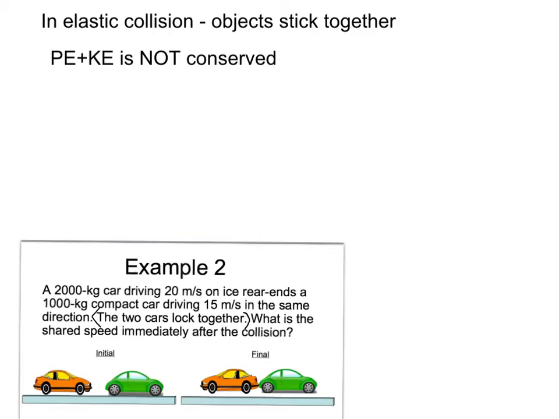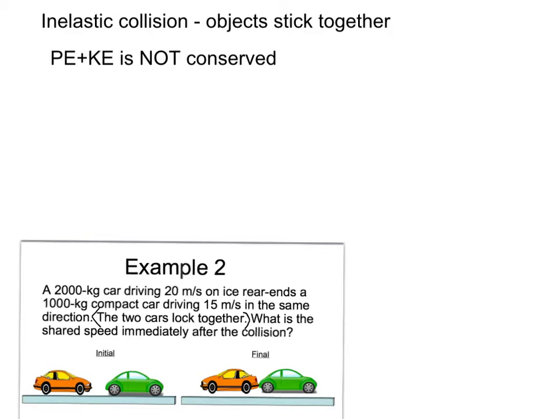That's an inelastic collision. Objects stick together. And the quantity, potential energy plus kinetic energy, is not conserved. That's because you have sound. If two cars crash together and stick together, there's that crunching of the metal. There's what's called deformation, so the objects might change shape, and that takes energy.